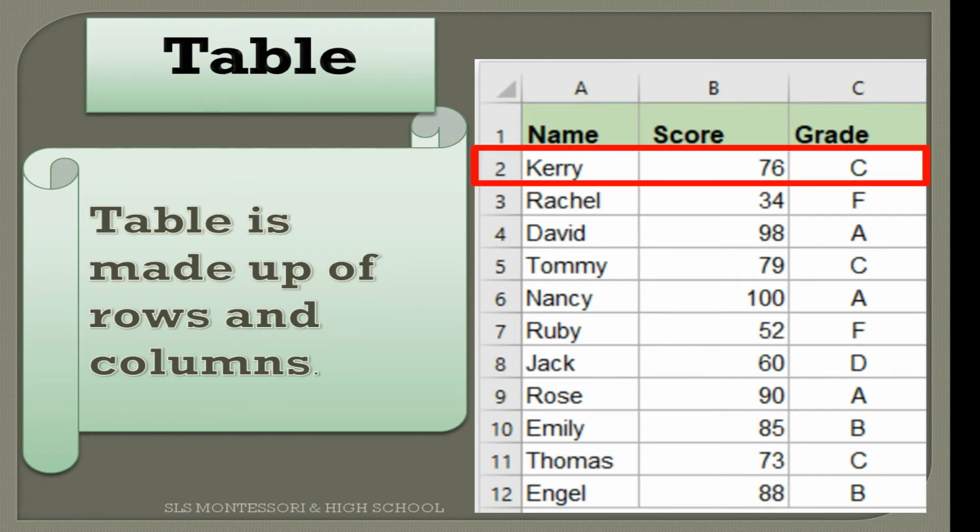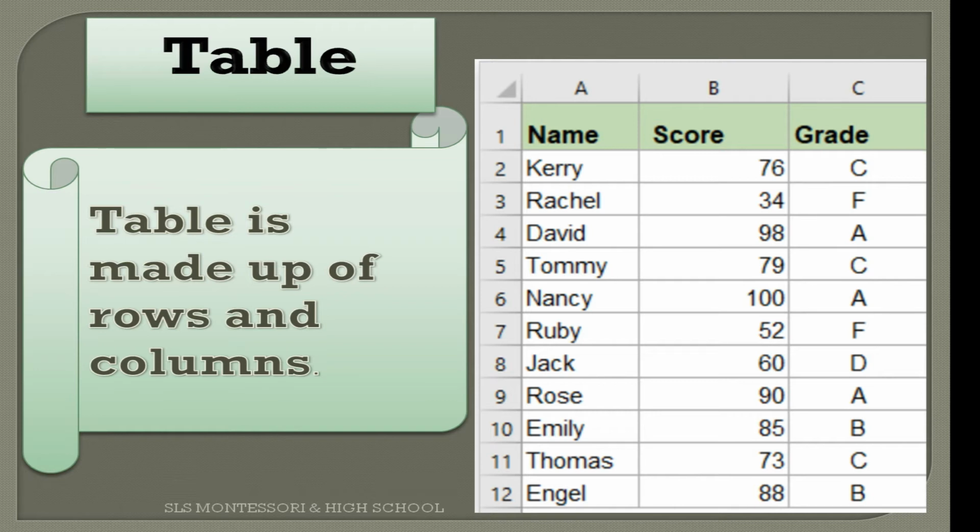Row number 2 contains the name, score and his grade. Row number 3 also contains the name of student, his score and his grade. In this way, there are 12 rows in this table. All contain the name, score and grades of students.